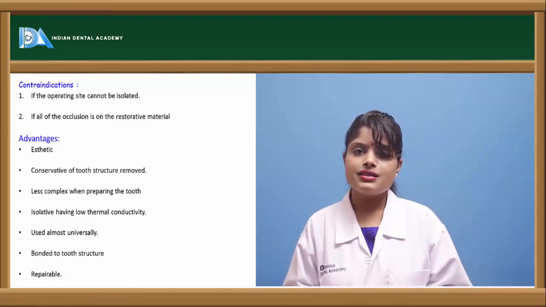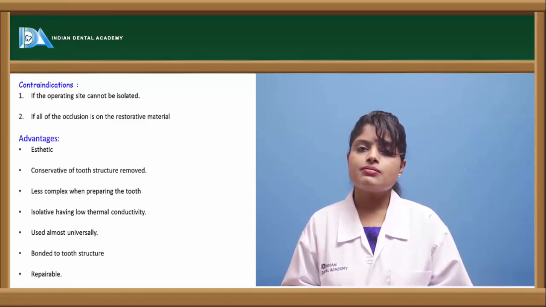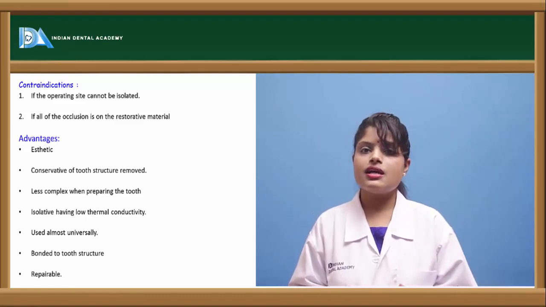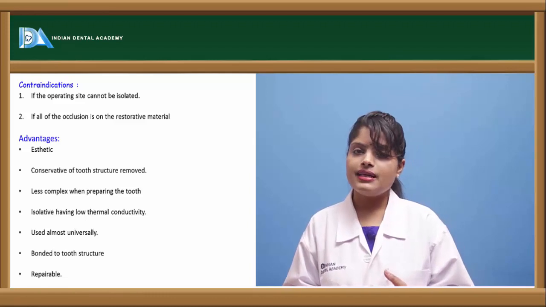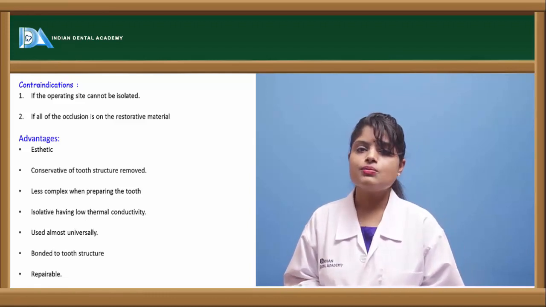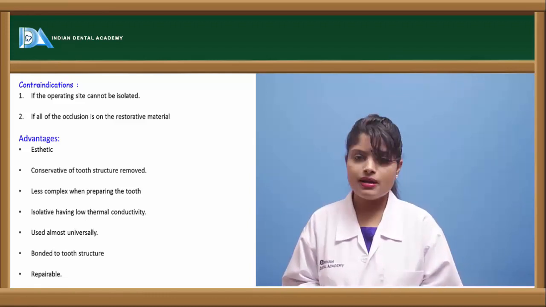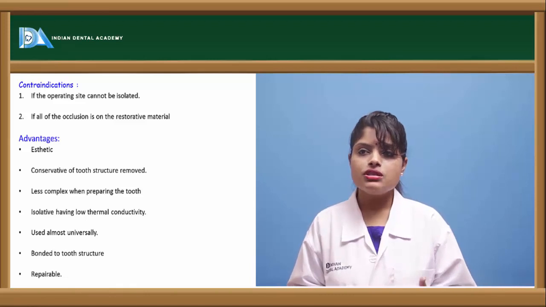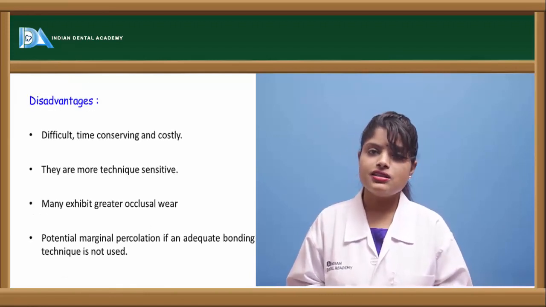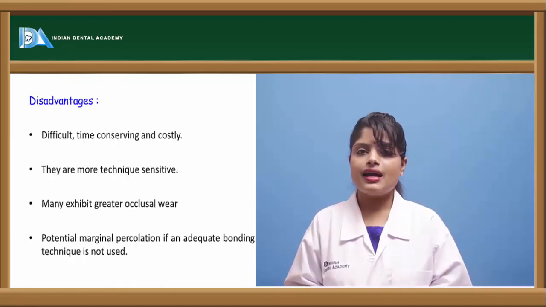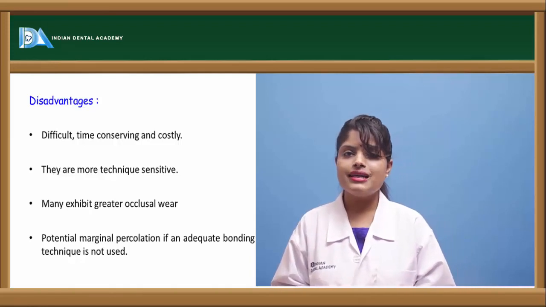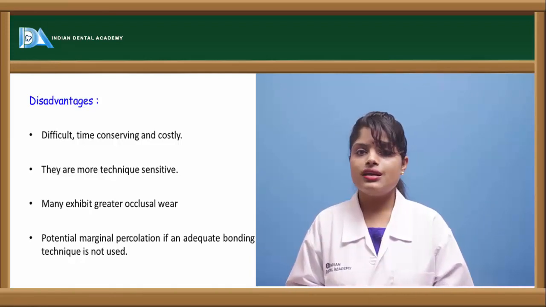And the advantages are that it is aesthetic, it is properly bonded to the tooth surface, it has superior physical properties than the glass ionomer cement, it is repairable, and it is used almost universally.